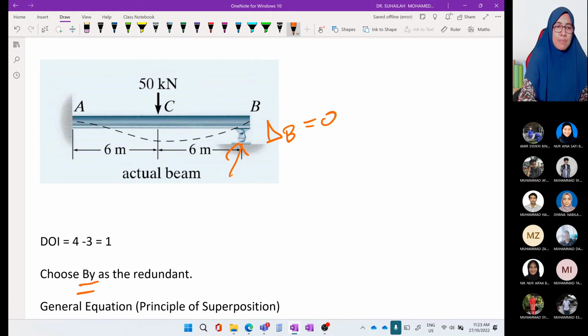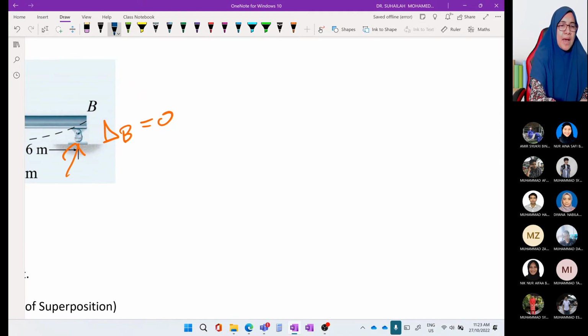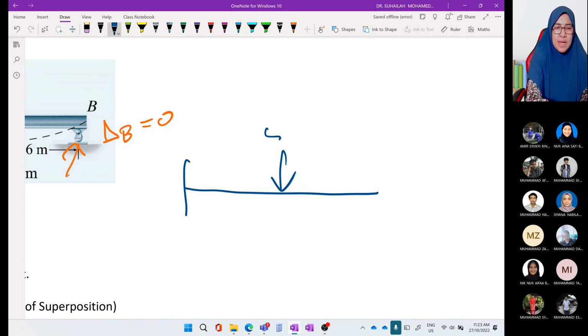Okay, primary beam. Primary beam means we have a cantilever beam. After removing the redundant, it becomes a cantilever beam. No, this is B, no roller support. We have removed the roller. It is now a cantilever beam.